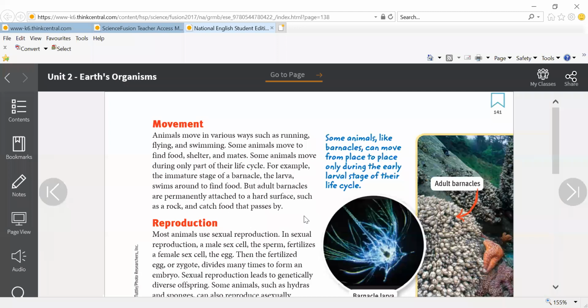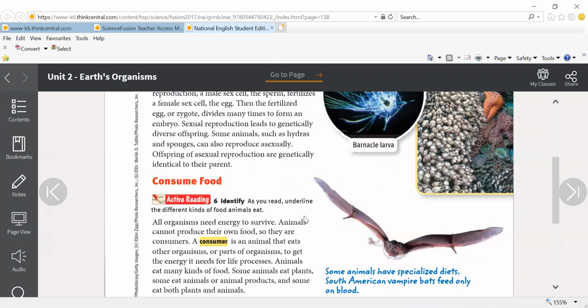For example, small babies cannot move when they are brought from the hospital, but later on, at a stage, they start to move. For example, in the immature stage of a barnacle, the larva swims around to find food. But adult barnacles attach to a hard surface such as rock and catch food that passes by.